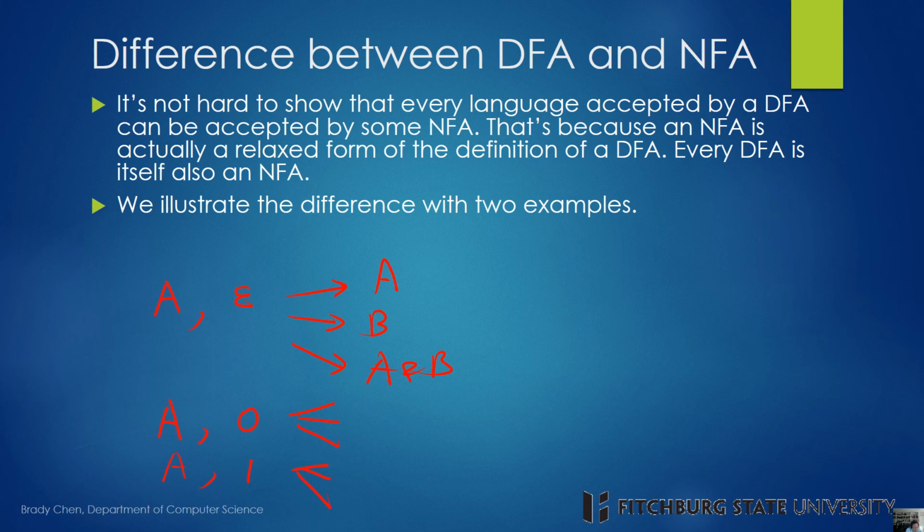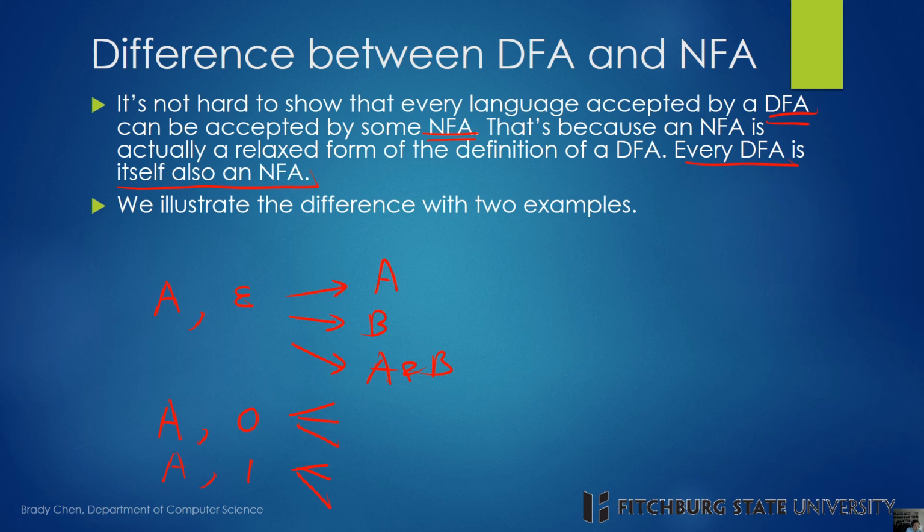Now, it's not hard to show that every language accepted by a DFA can be accepted by some NFA. That's because NFA is actually a kind of relaxed form of the definition of DFA. So in other words, every DFA is itself also an NFA.